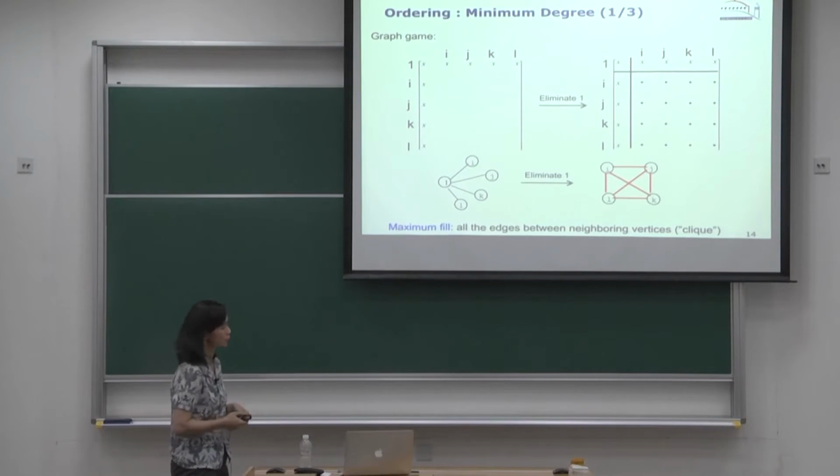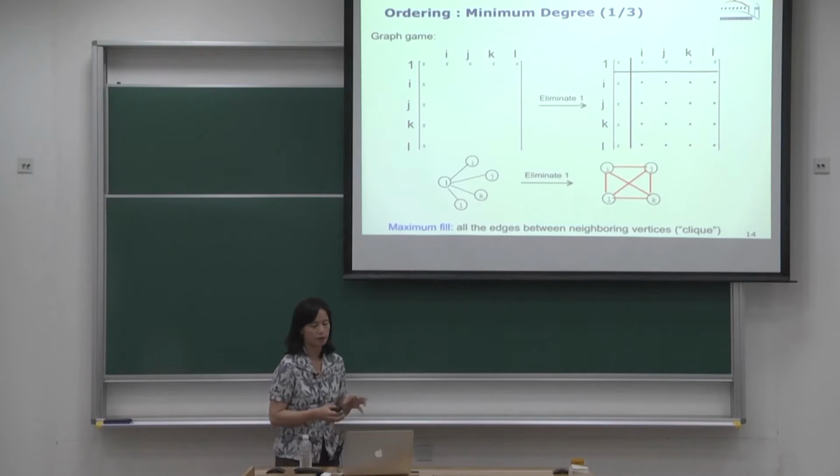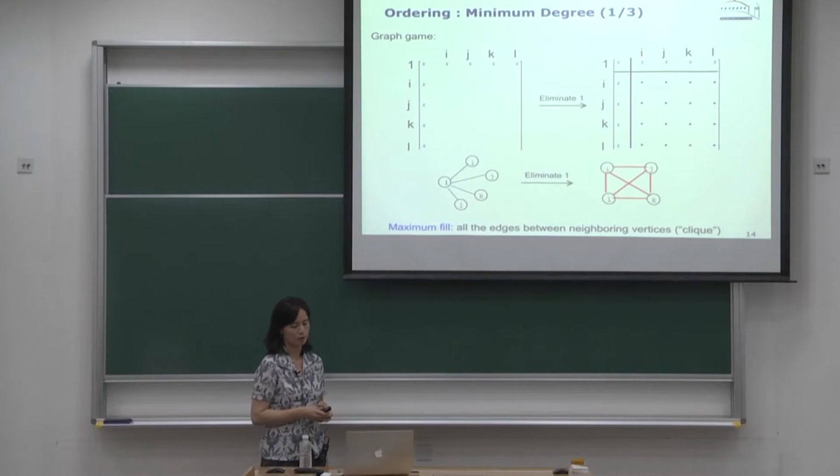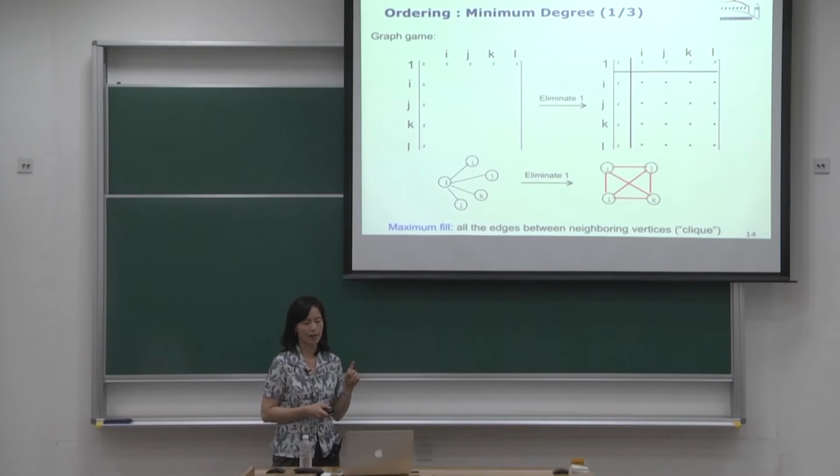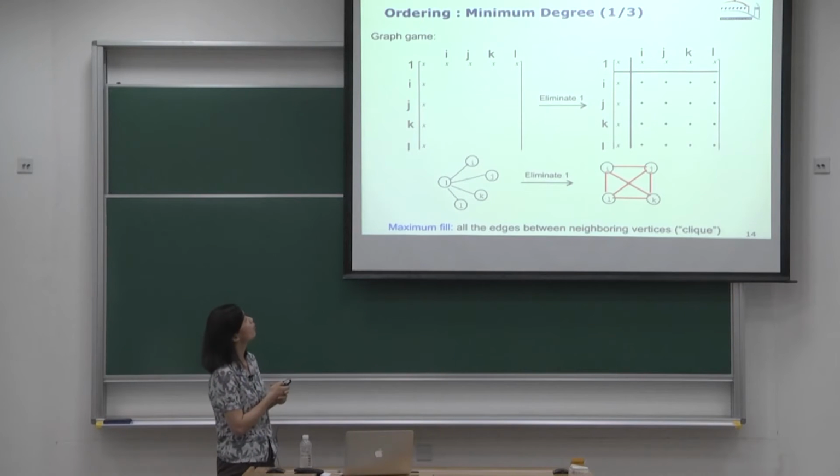Then you look at the graph of just this portion of the matrix. So node, vertex 1, is connected to i, j, k, l, four vertices, right? And right now I don't care about the connections between i, j, k, l. Then after the first step of elimination, you can see that the whole portion of the submatrix, the Schur complement, will get fill.